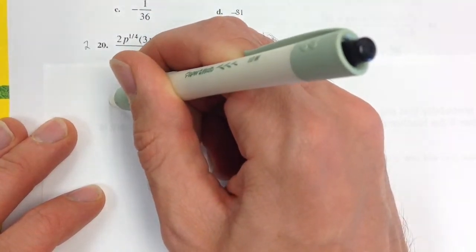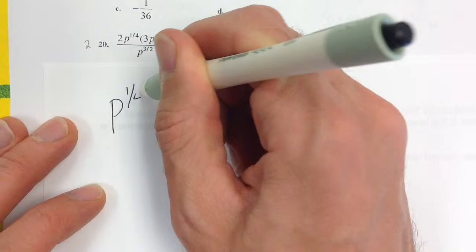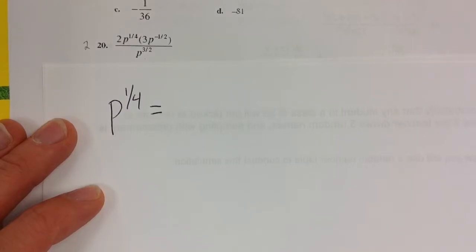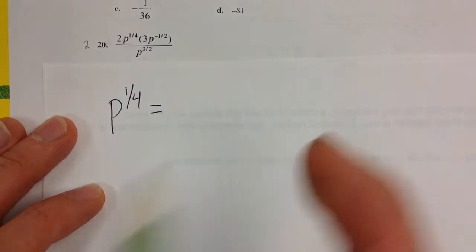If you have p to the 1/4 power, what is that the same thing as? Good guess. I'll give you a hint. It involves a radical. Yes, the 4th root of p.